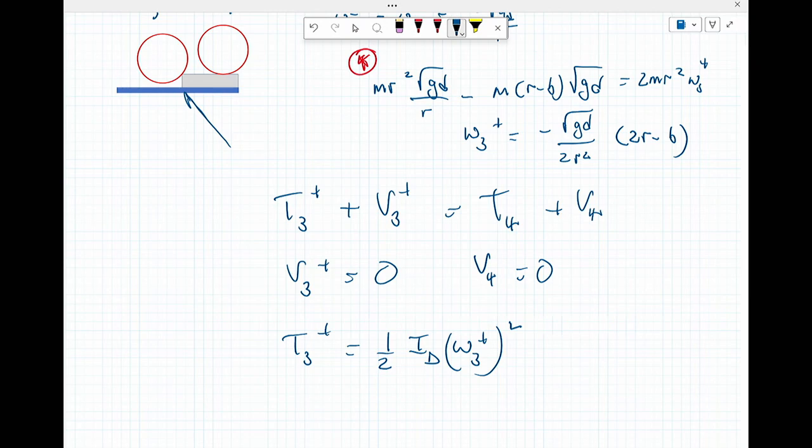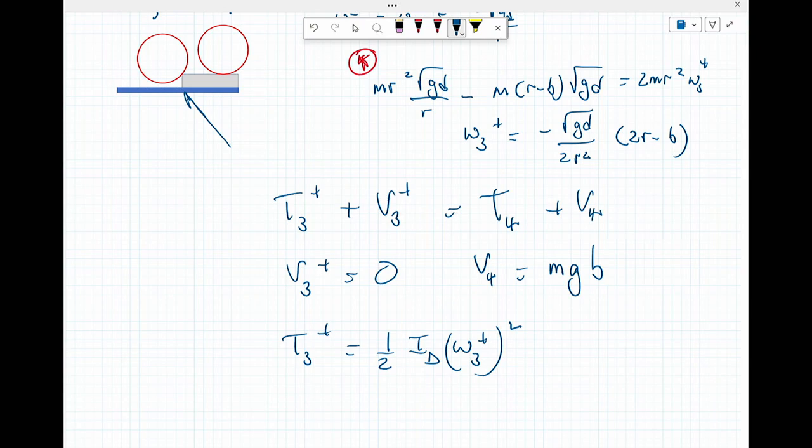V3 plus is equal to 0, V4 is not equal to 0, MGB, because the hoop has gone up a distance b.